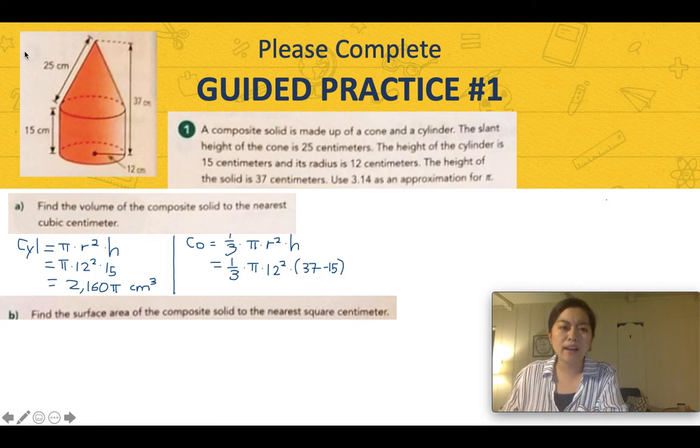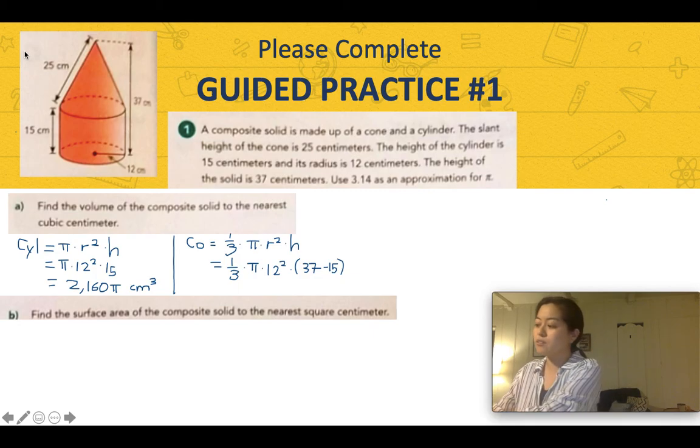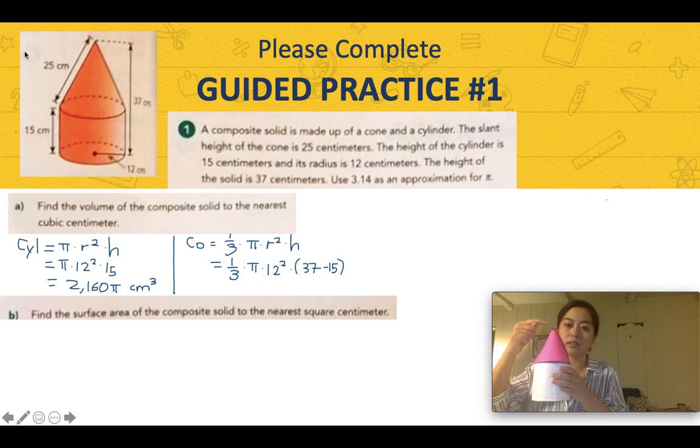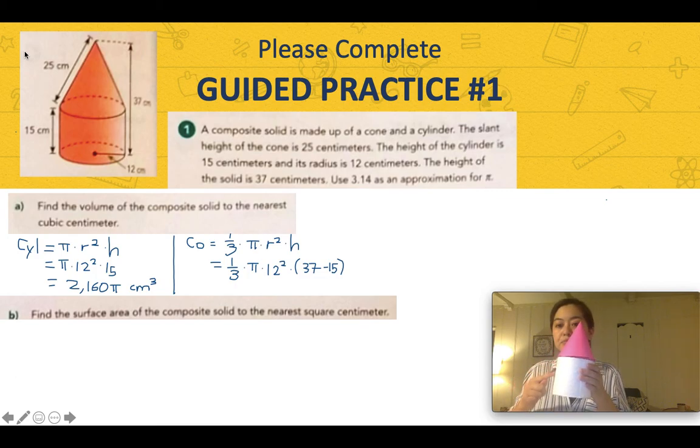And so I see that the height of this whole structure from here all the way to here is actually 37 centimeters. And then the height of my cylinder is 15 centimeters. So I know the total height and I know part of the height. That can give me this other part here.